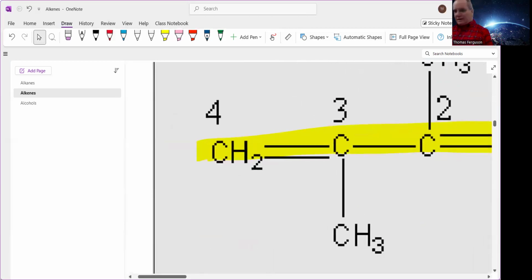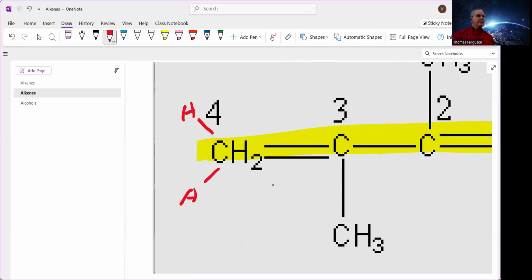This double bond has two hydrogens. Because the hydrogens are the same on both sides, it's both cis and trans together. So that means there's no cis or trans in this molecule. Same on the right side.